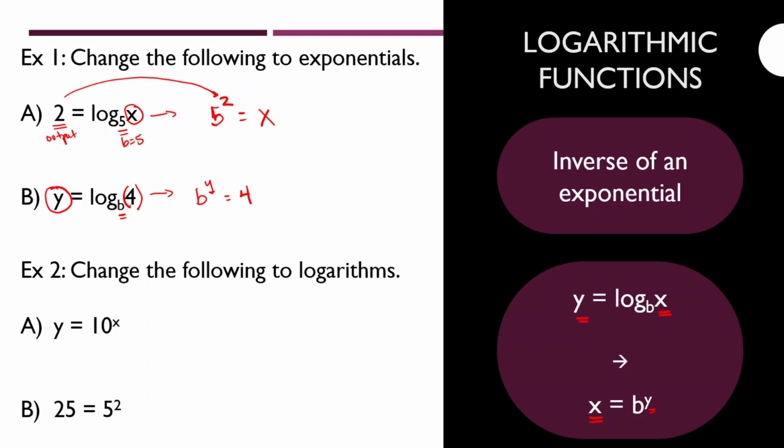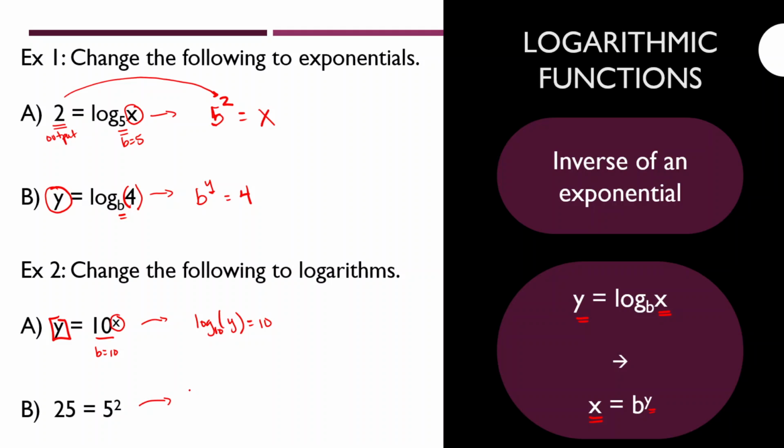We can also go the other direction and write exponentials as logs. So again, I take the b, the base, and I'm going to have log base 10. The exponent becomes the output, and the output becomes the input to the log.